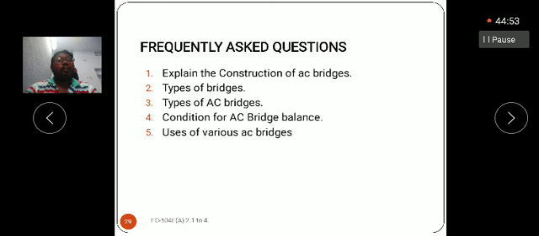Then we nullify, and the ratios of the two opposite arms are equated to measure the unknown quantity. The current passing through the null detector is nullified to 0. Then we find the ratio between the opposite arms, and finally measure the unknown parameter.